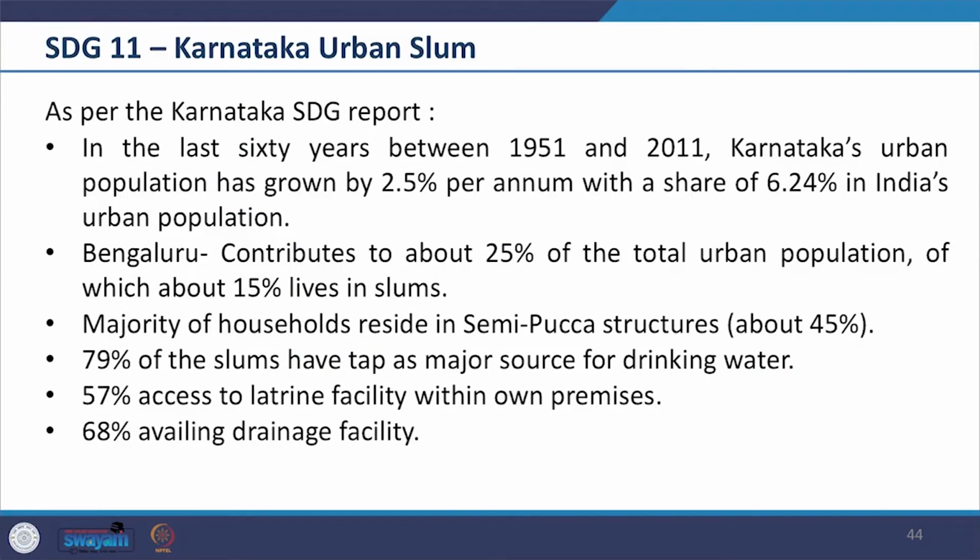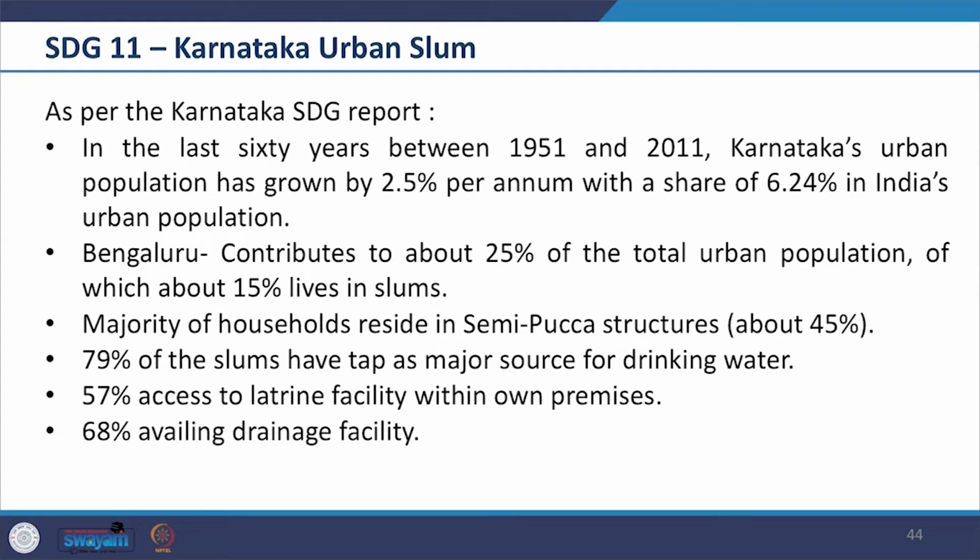The cities in the state have played a role as focal points for working and living, developing the economy and technology, education, research and culture. As per the report, in the last 60 years between 1951 and 2011, Karnataka's urban population has grown by 2.5% per annum, with a share of 6.24% in India's urban population.